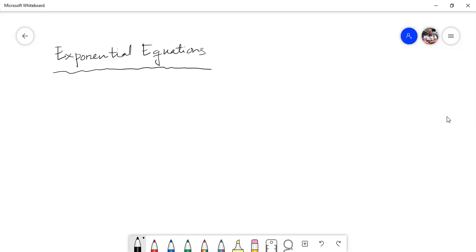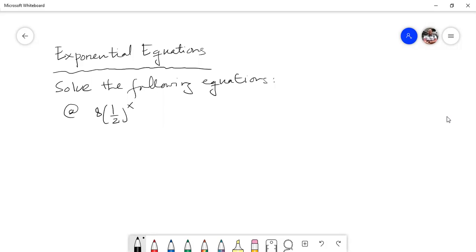Okay, so I have some problems here. Solve the following equations. A, we have 8 times (1/2) to the power of x plus 2 equals 2 to the power x.